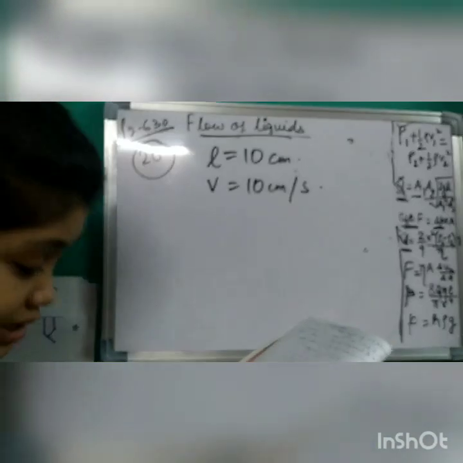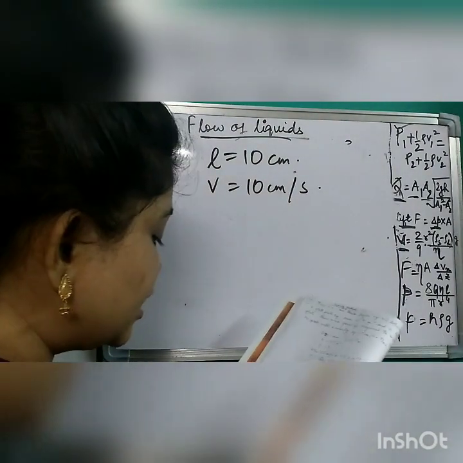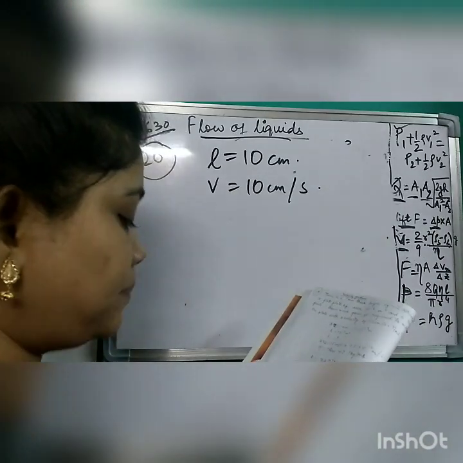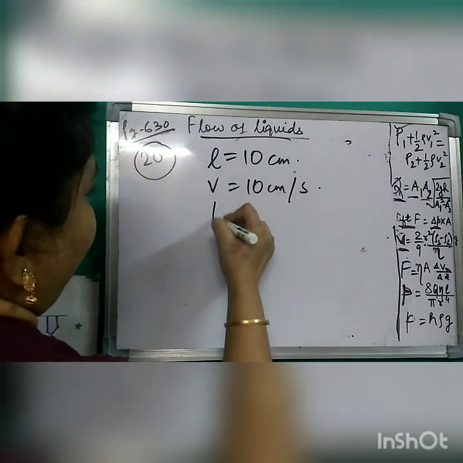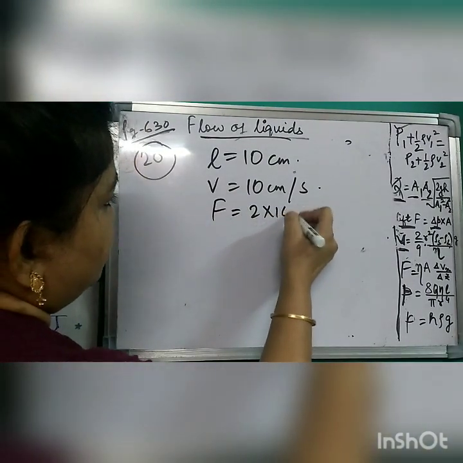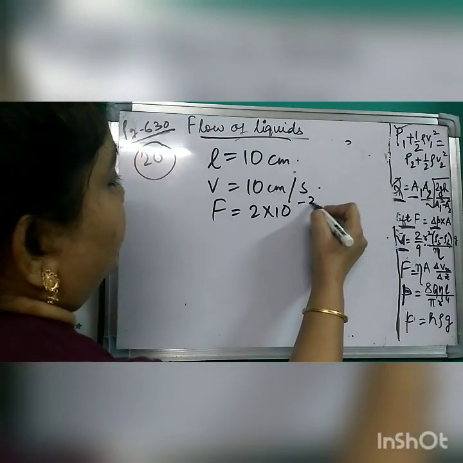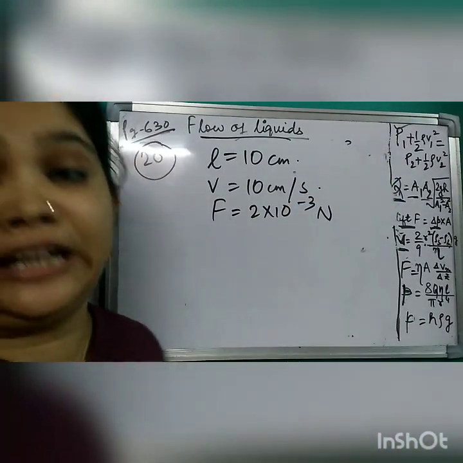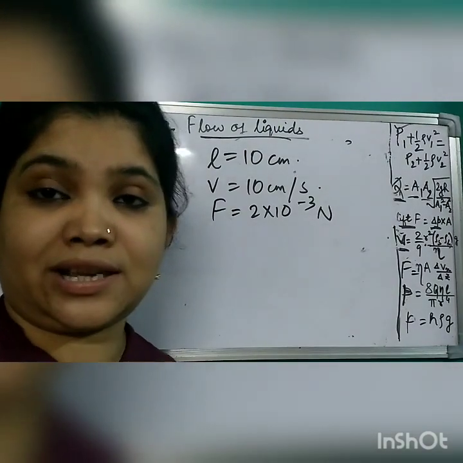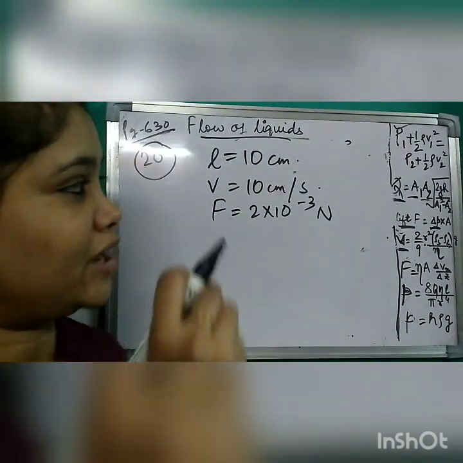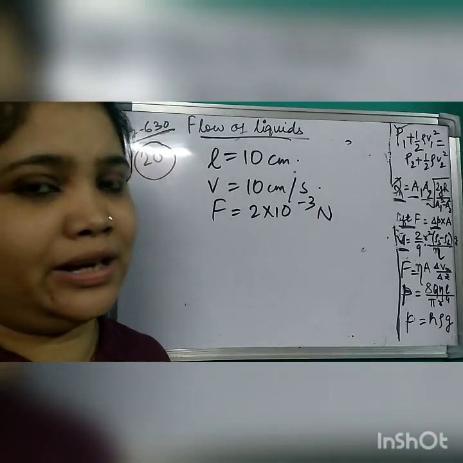Let me write down the quantities, then I'll solve for you. Both plates are immersed in water. The viscous force F is given as 2 into 10 to the power of minus 3 Newton. Now, I was waiting to see if the other units are in CGS or SI; we have got an SI unit, so we have to convert the others into SI unit.